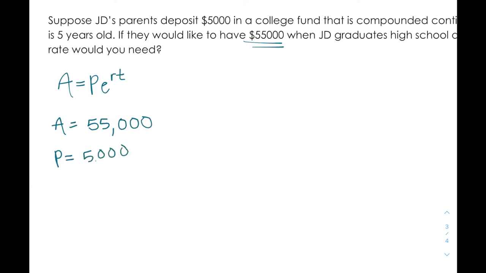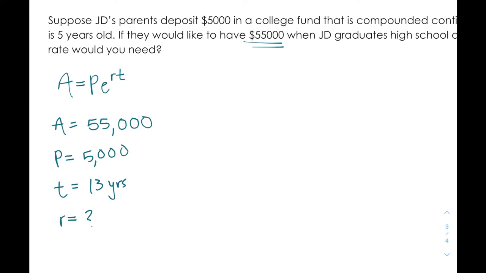So they started with $5,000. Then the time, we've got from 5 years old to 18 years old. So how many years passed from 5 to 18? It's going to be 13 years. So they have 13 years of schooling time for this to become enough money to go to college. And lastly, again, we're looking for the rate. The rate is the question mark here.